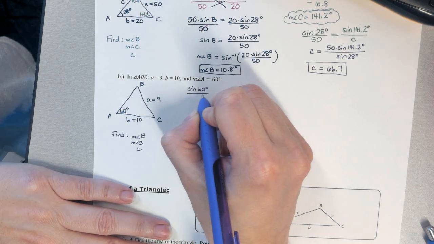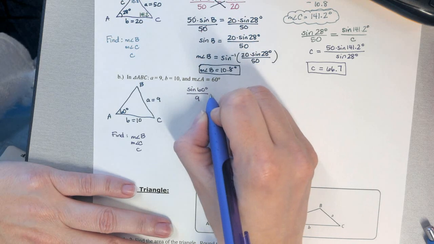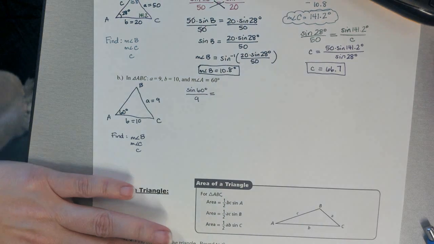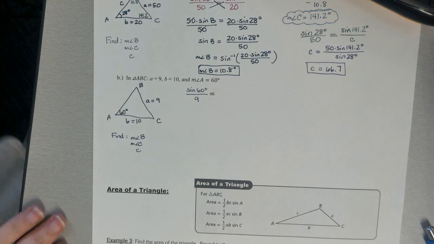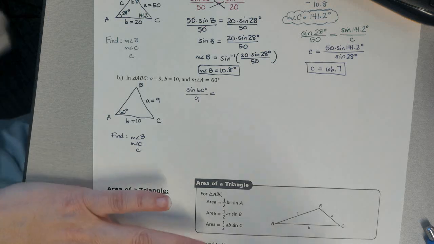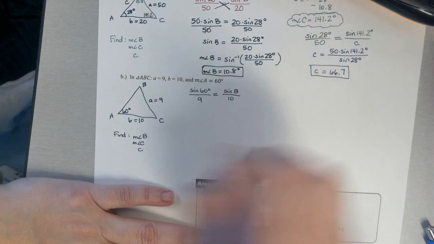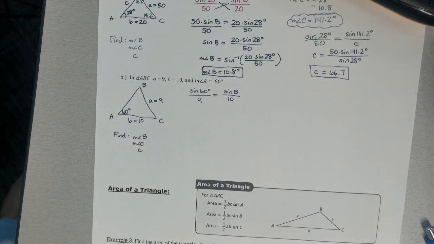So in both of your equations, let's use the sine of 60 over 9. Okay, and then what are we going to find next? What do I have to set that equal to? So this sine of 60, yeah. Great. So I have to use this because B is the only other length I have.